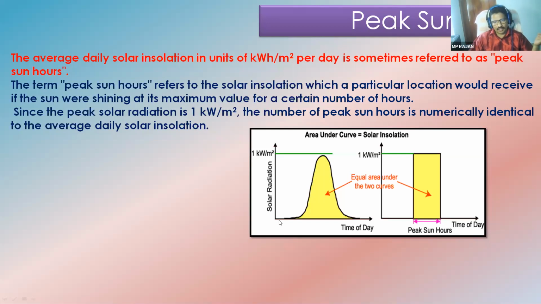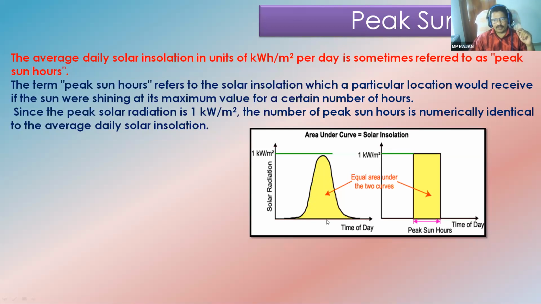Early morning, 6 or 7 o'clock, even up to 9 o'clock, we are getting very little power. This graph shows the amount of solar insolation, the energy you get from the solar panel, with respect to time. We can call this 24 hours one day, and within it, this is the night period.